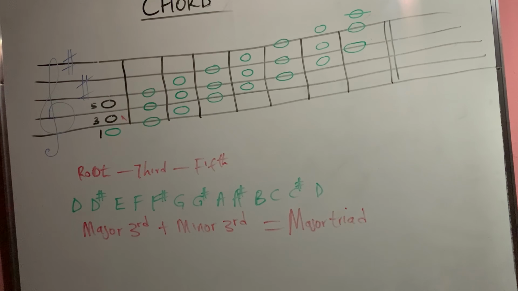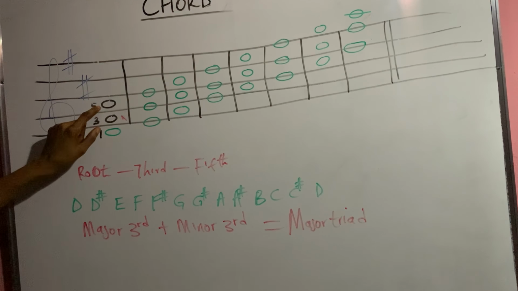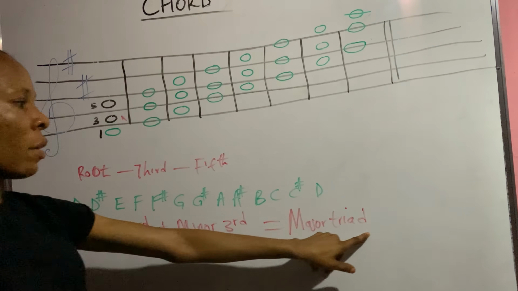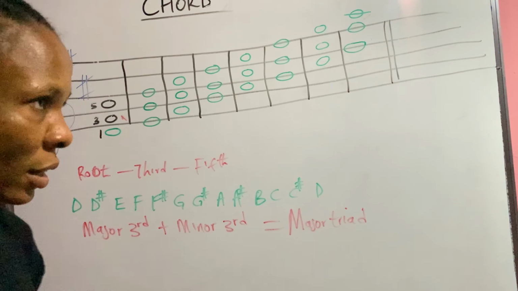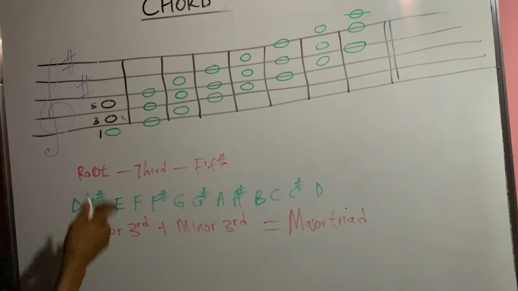Let me show you again. Major third, this is D to F sharp, the root to third, a major third, plus the third to fifth, which is a third too. This third is a minor third. A major third plus a minor third will give you a major triad chord. So in other words, today we are going to consider the Roman numeral 2.